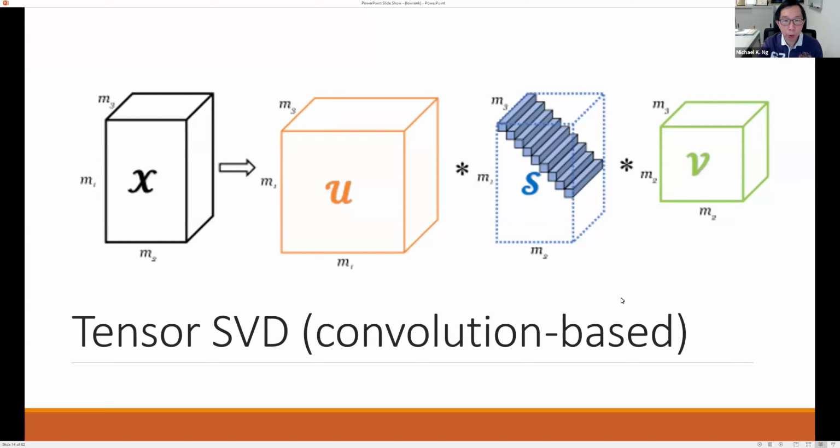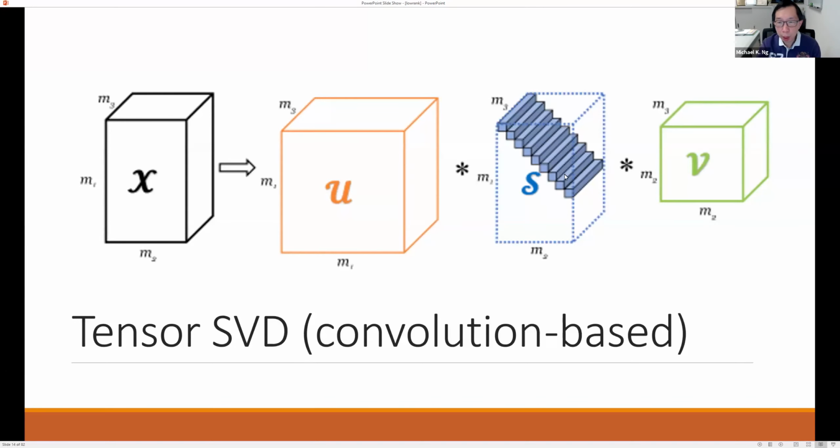The good thing is that you see something very similar to the matrix SVD, because you have a U, S, V, and the U and V are somehow orthogonal. Even though now the mathematical operation is a convolution of the tubes, under this operation you can still define the orthogonality of U and V as tensors.